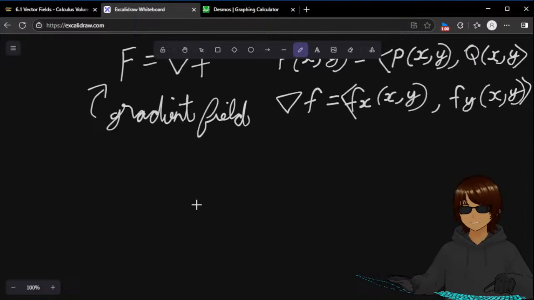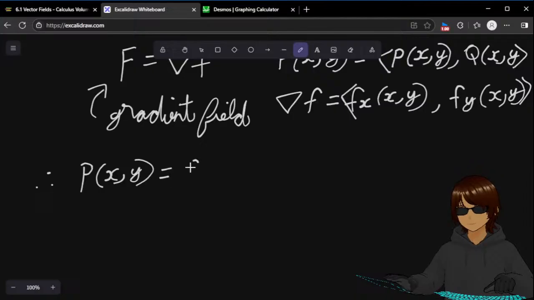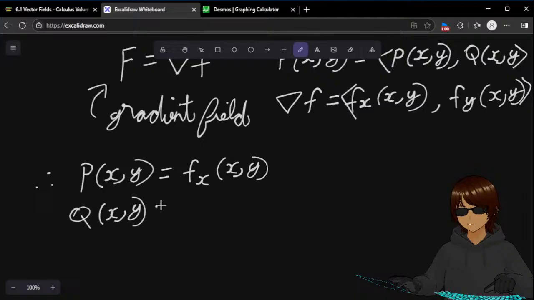That means therefore P(x, y) should be equal to this, and then this should be equal to this.